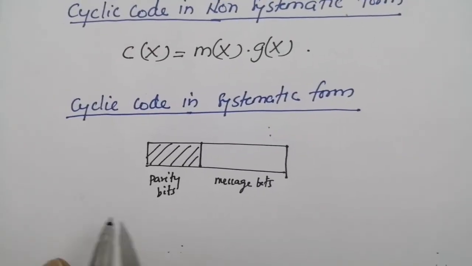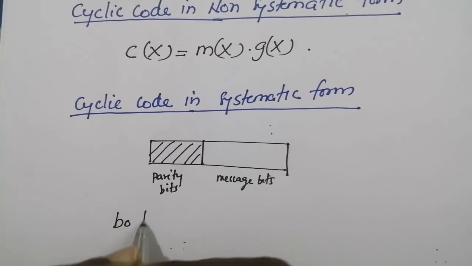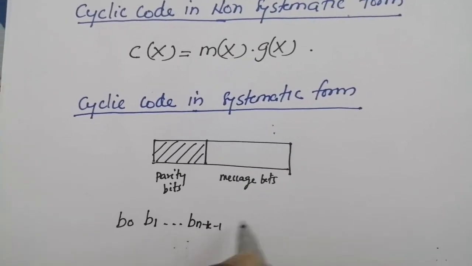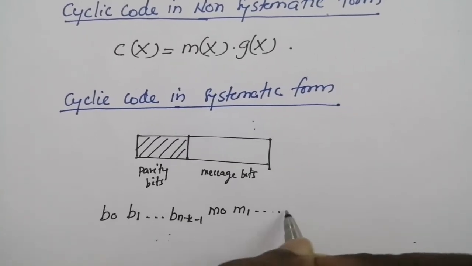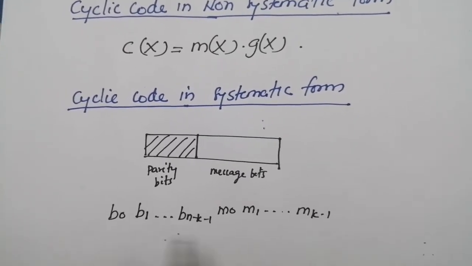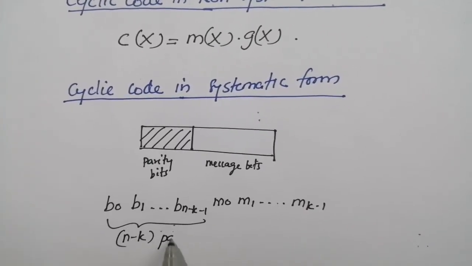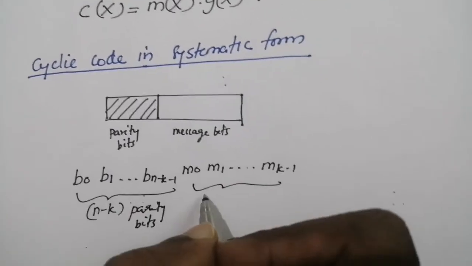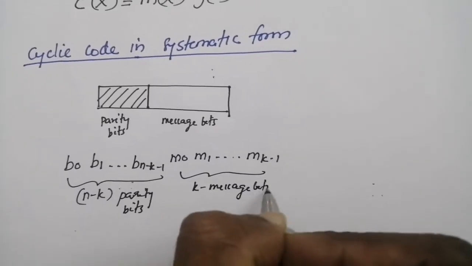So the systematic cyclic code is represented as b0, b1, etc., b_(n minus k minus 1), m0, m1, etc., m_(k minus 1). So these are the n minus k parity bits and these are the k message bits.